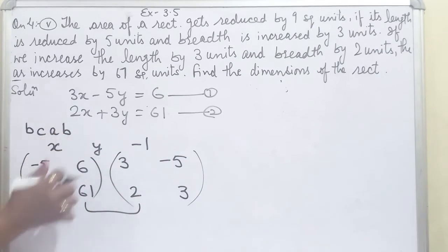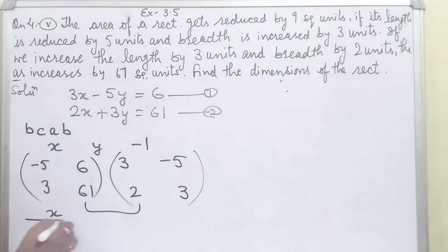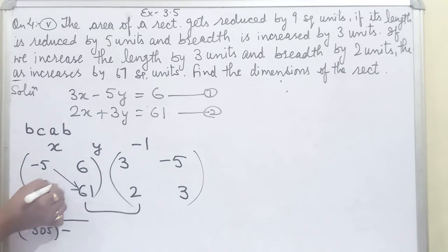So I'm taking first x upon what should be equal to? Minus 5 into 61, minus 305, and then 3 into 6, 18, with the minus sign.